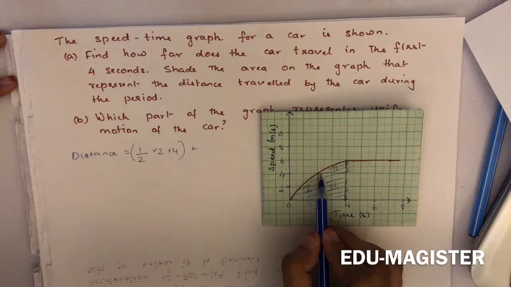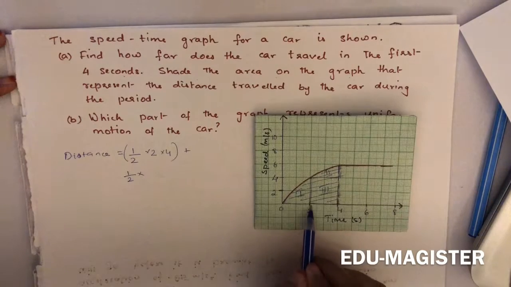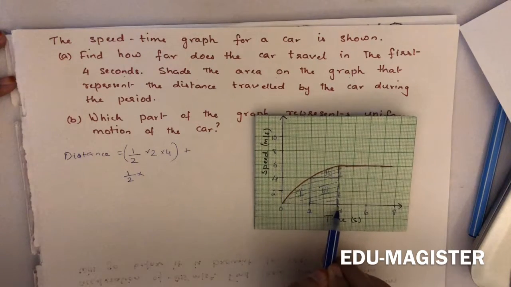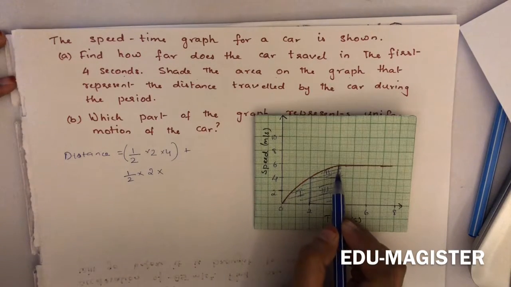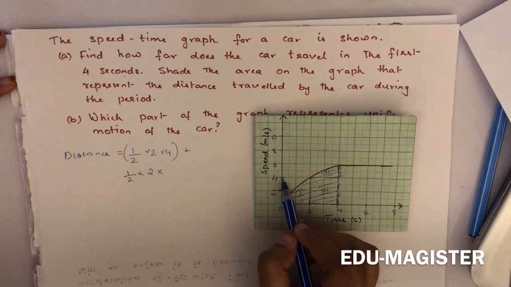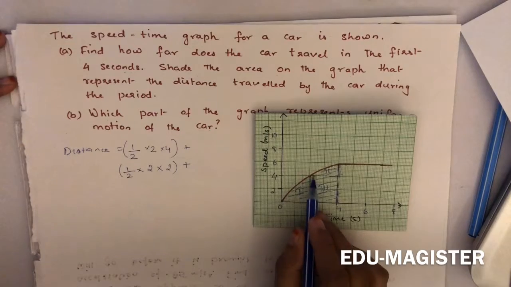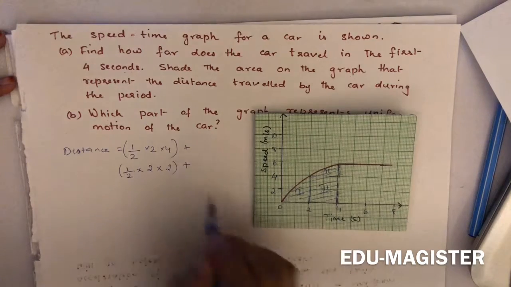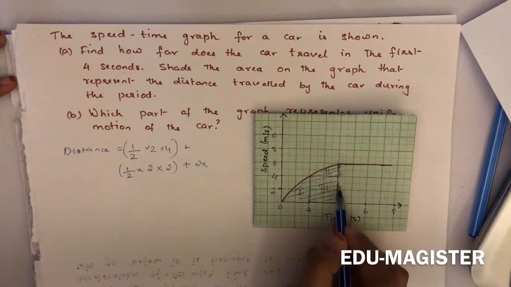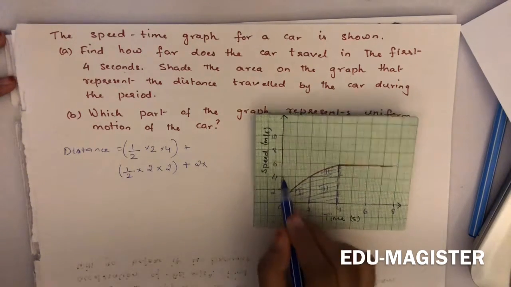Now, the second triangle, for the second triangle, half into base is 2, between 2 and 4, right. So, it is 2 into height is again 2, it is between 4 and 6, 6 minus 4 is 2, alright, plus, next this square part is, this length is 2 and height is 4, this is the height, so that is 4.